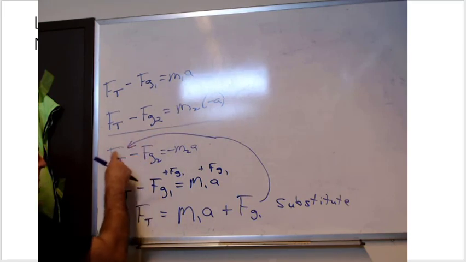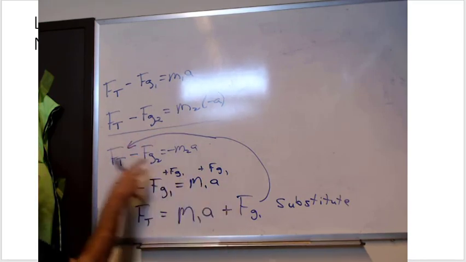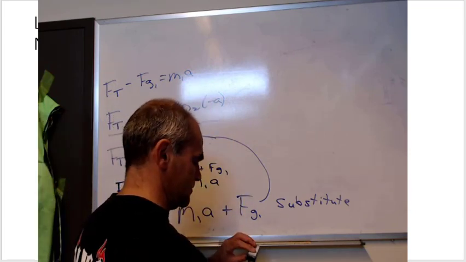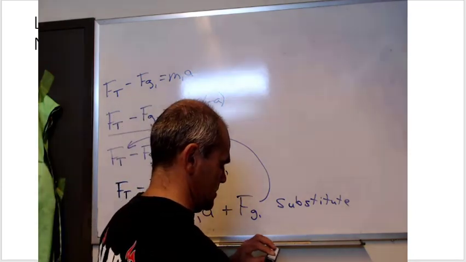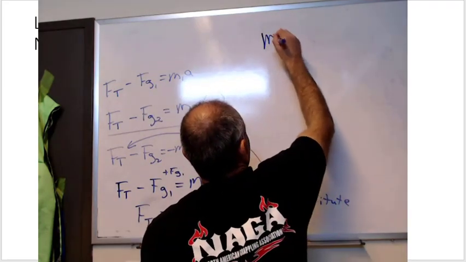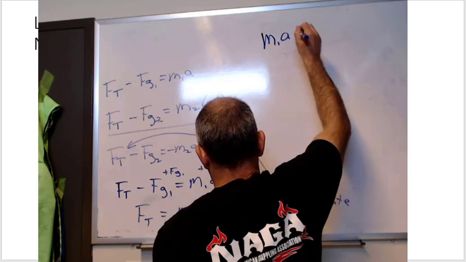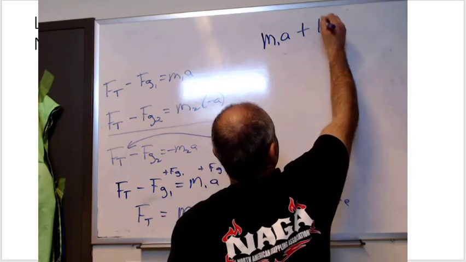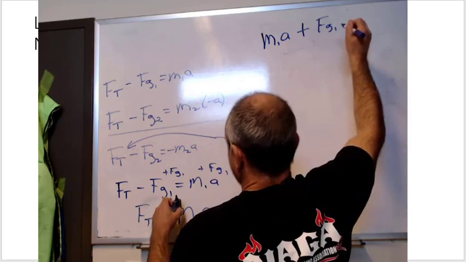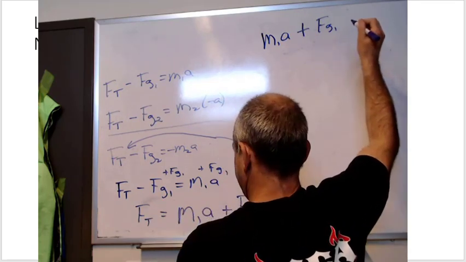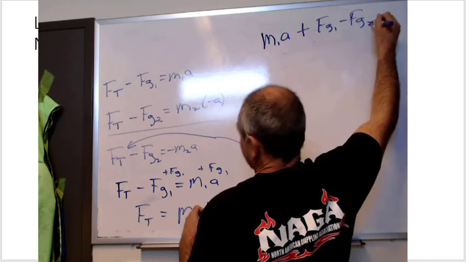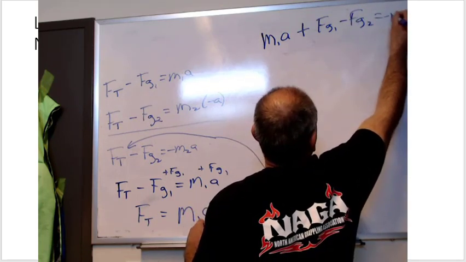Wherever I see an Ft up here, I will substitute this expression for that. So what I have is M1A plus Fg1 minus Fg2 equals minus M2A.